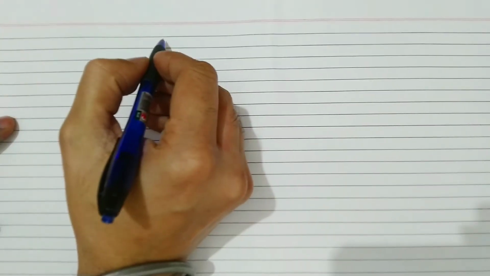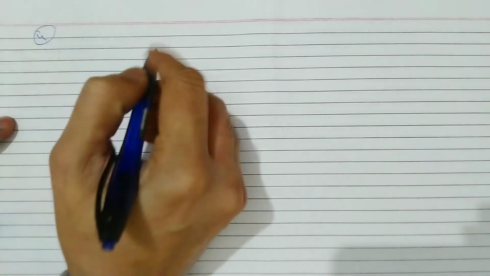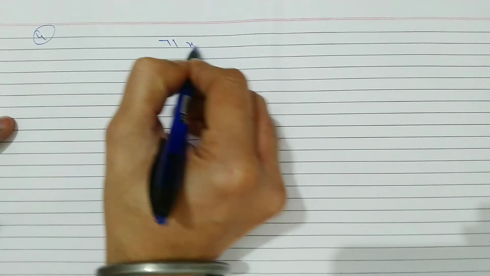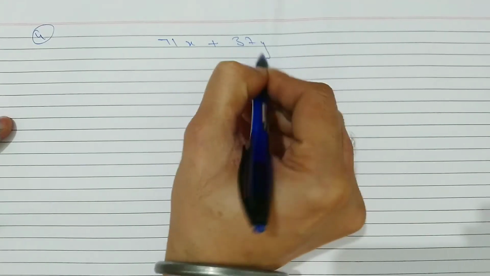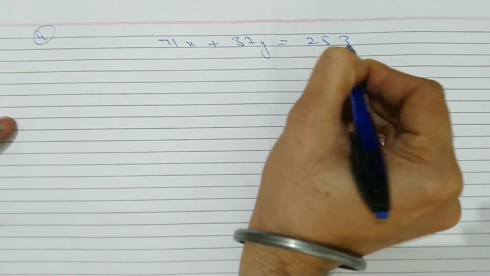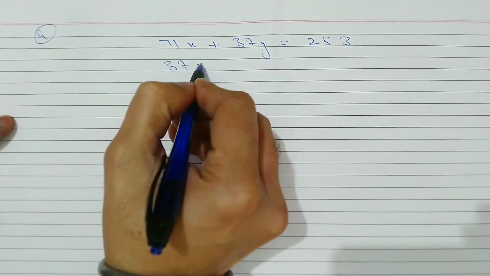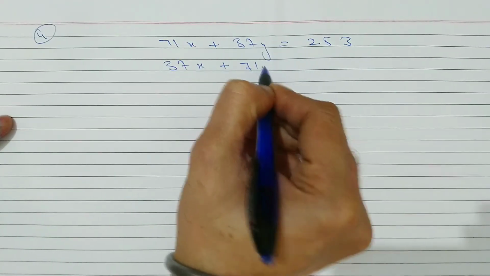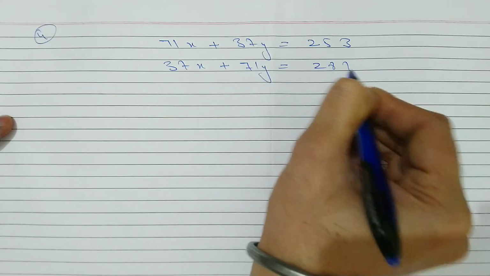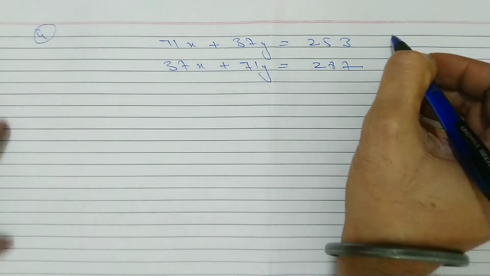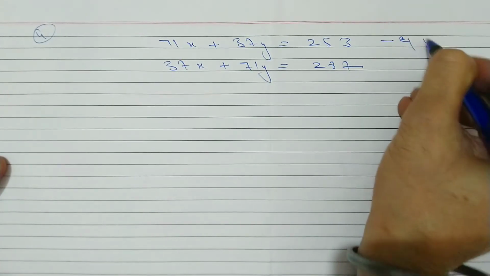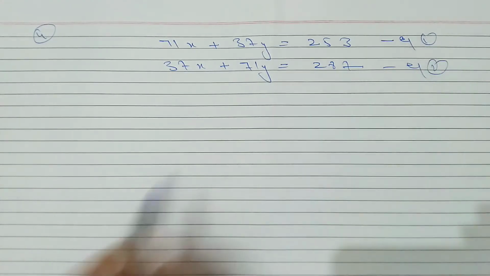Let's try one more example. Example number 4. We have 71x plus 37y equals 253 and 37x plus 71y equals 287. Equation number 1 and equation number 2.